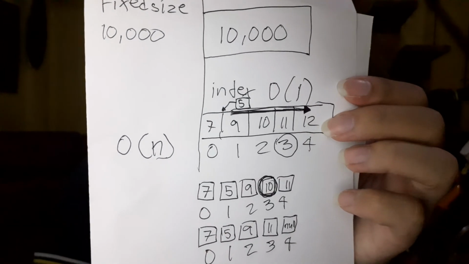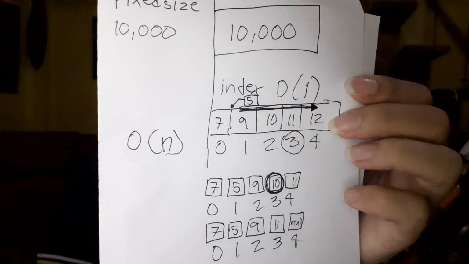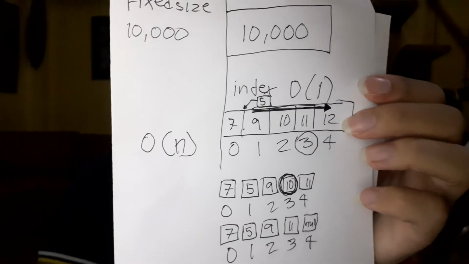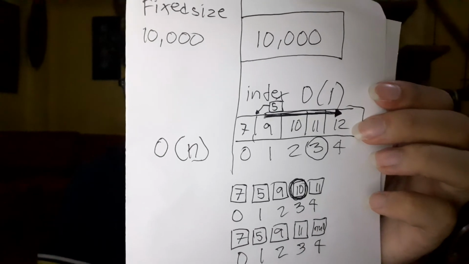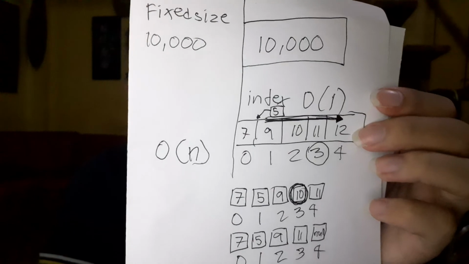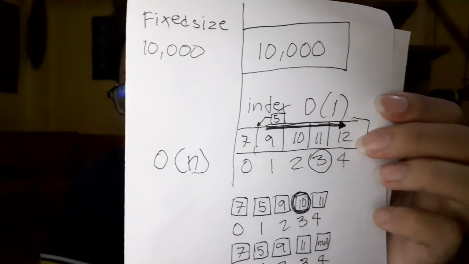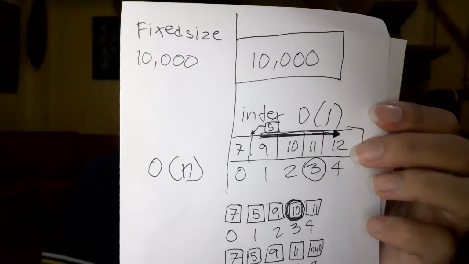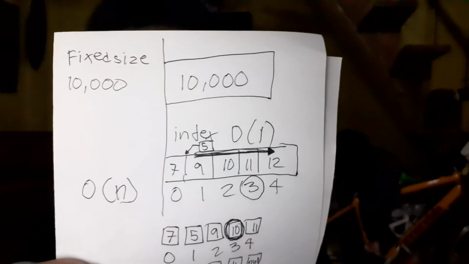Now, arrays do have their use, especially if you're just looking for a small, quick thing to implement. But you should definitely consider using something like a linked list or a doubly linked list if you're going to be removing or adding items from the front and back of the array quite often.